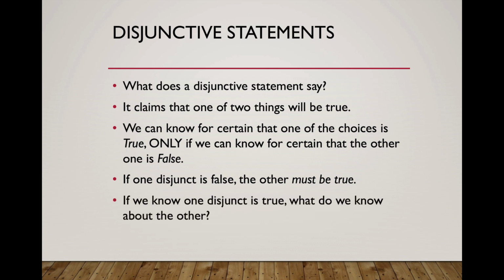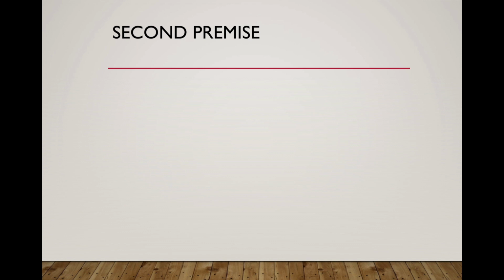So if we know one disjunct is true, what do we know about the other? The answer is nothing for certain, and that makes a second premise, which affirms a disjunct, an invalid form of the disjunctive argument. So just as it was with conditional arguments, the key aspect of analyzing disjunctive statements and disjunctive arguments is to look at the relationship between the second premise and the molecular or disjunctive statement.